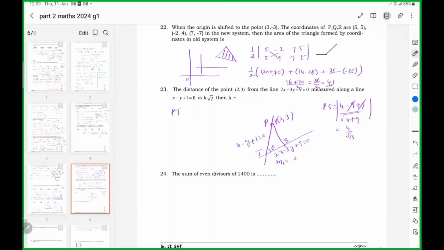Slope of this line is 2 by 3. Slope of this line is 1. So tan theta here is m1 minus m2 by 1 plus m1 m2. So it's 1 minus 2 by 3 by 1 plus 2 by 3. 3 minus 2, 1. It's 1 by 5. So tan theta is 1 by 5.